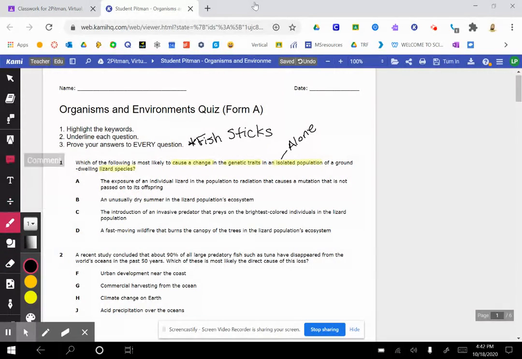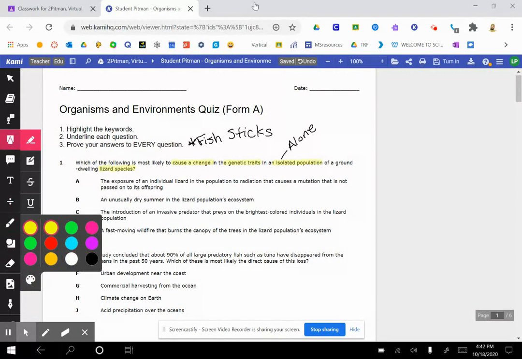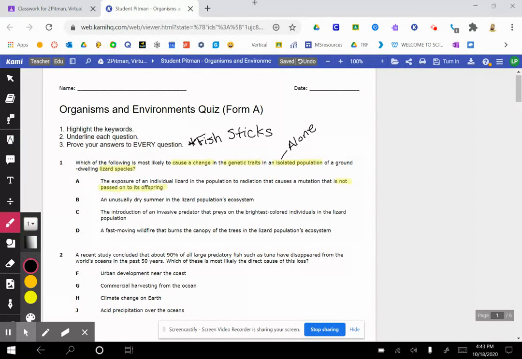Here in my question, it says genetic traits, but in my answer, it is not passed on to its offspring. So if it's not passed on to its offspring, then it is not genetic. It's not a genetic change. So that's why A is not going to work.